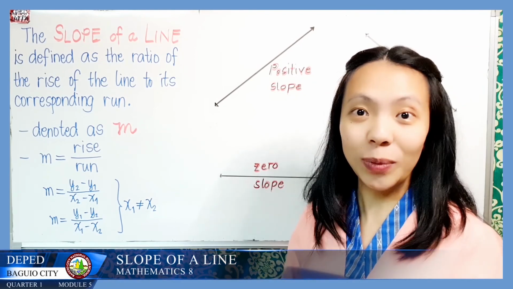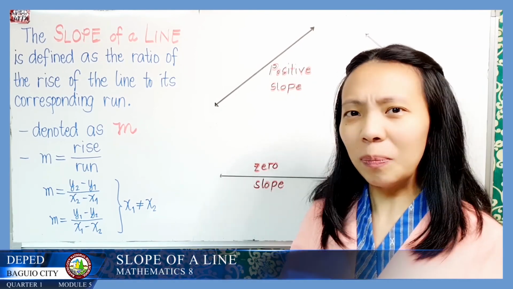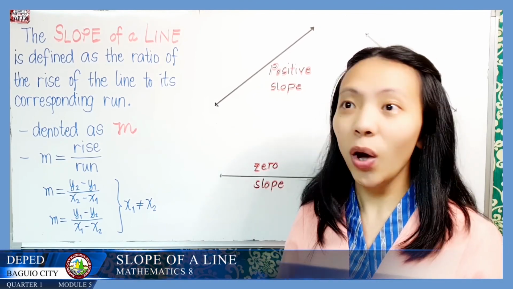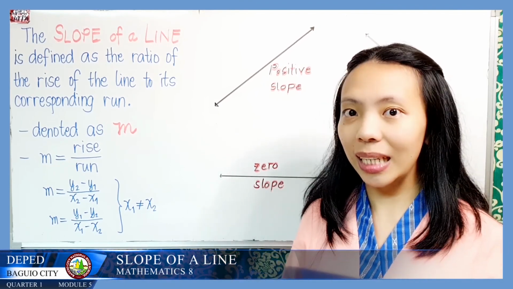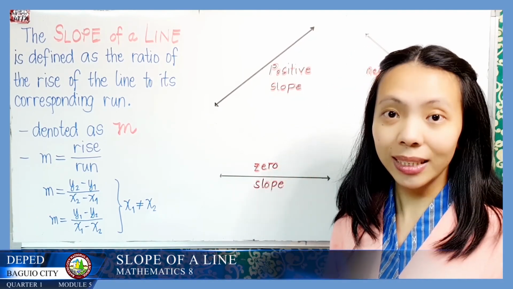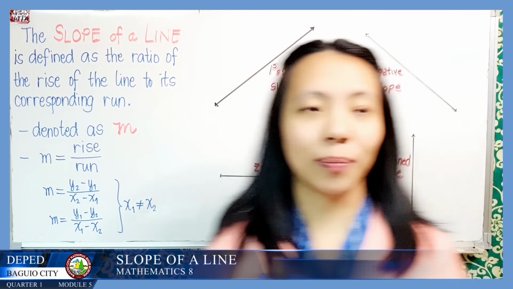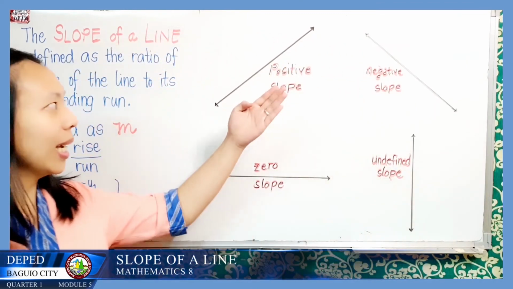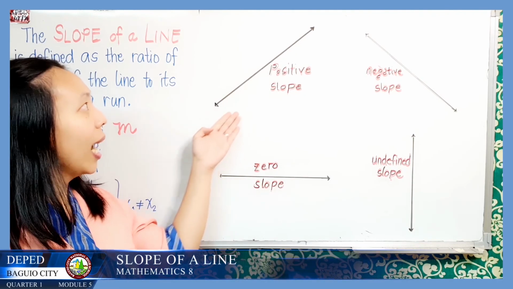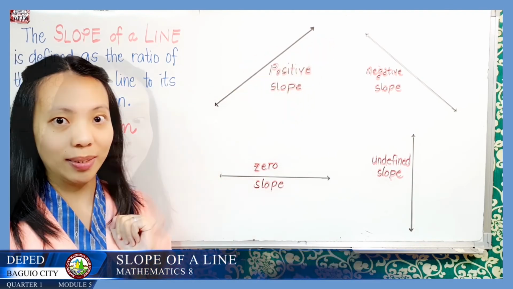Furthermore, when we talk about slope, it means the gradient or the inclination of the line or how slanted a line is. There are 4 types of slants or slopes of a line. First of which is the positive slope, meaning to say the line rises to the right.